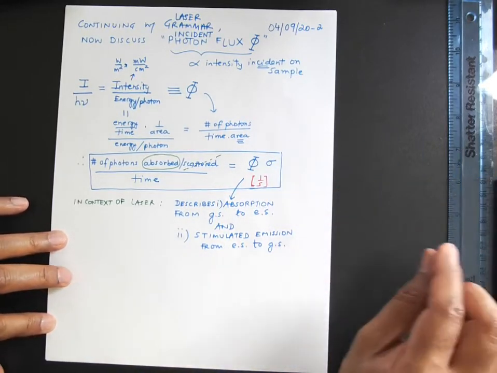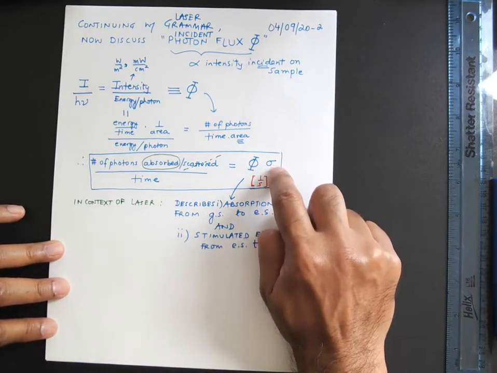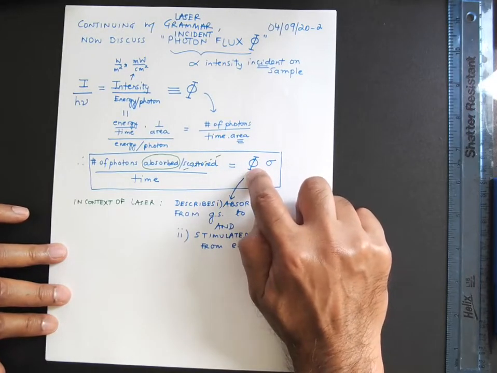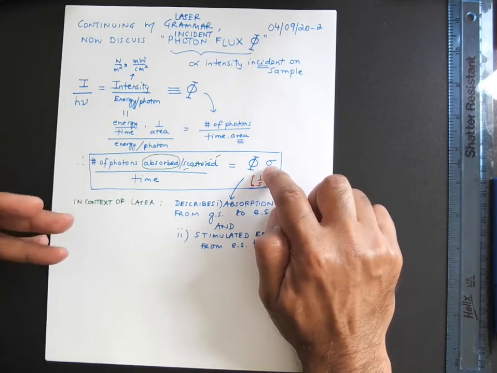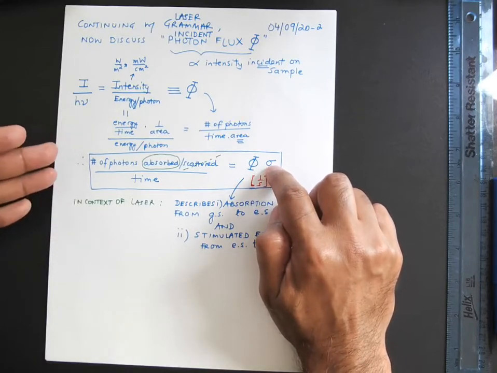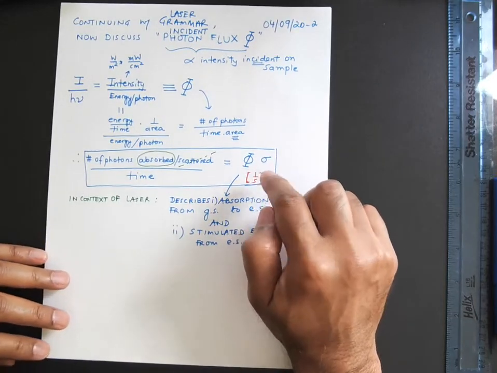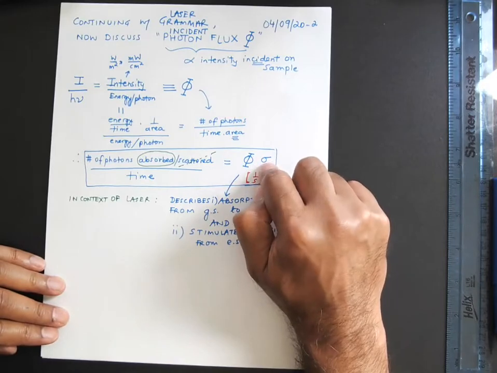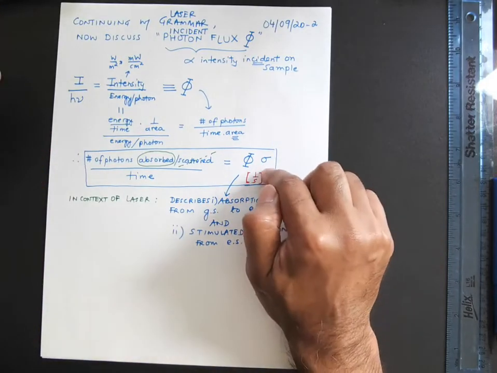Okay, so how much of the incident flux actually got absorbed? And once you get absorbed, well, that incident flux is still there. What I mean is that if you've absorbed and gone from the ground state to the excited state, then the same flux is still there.